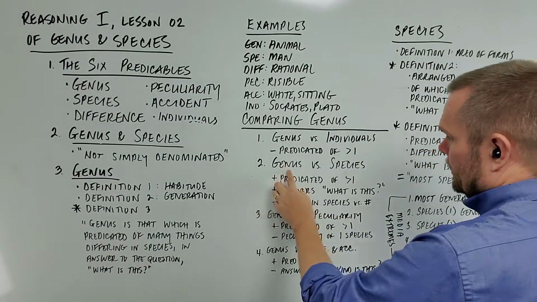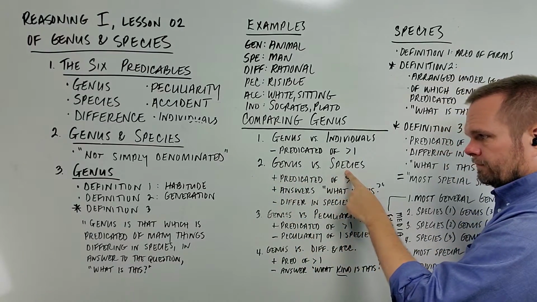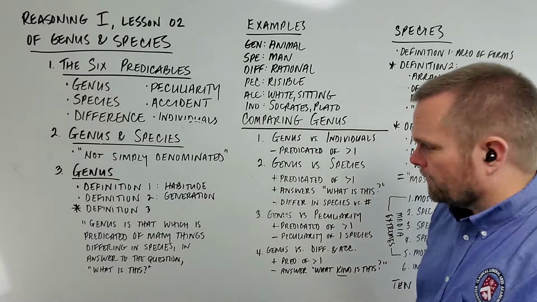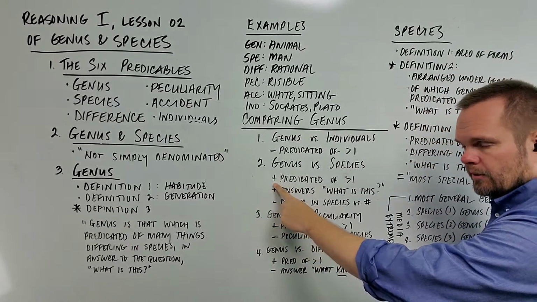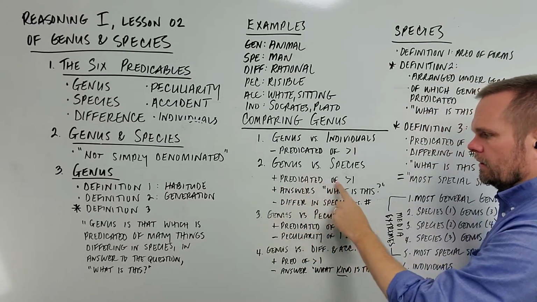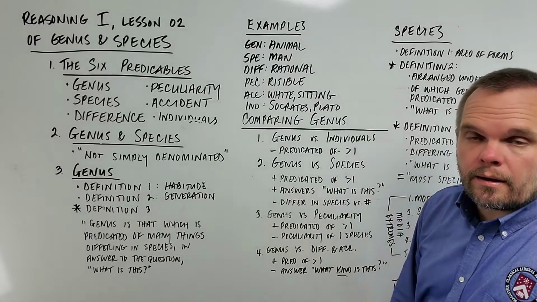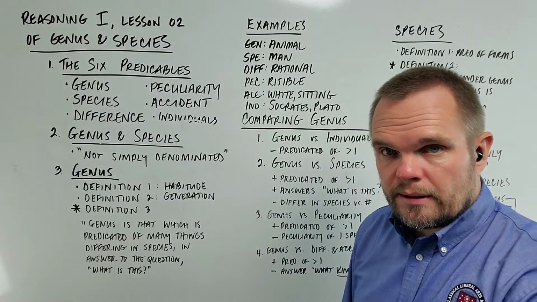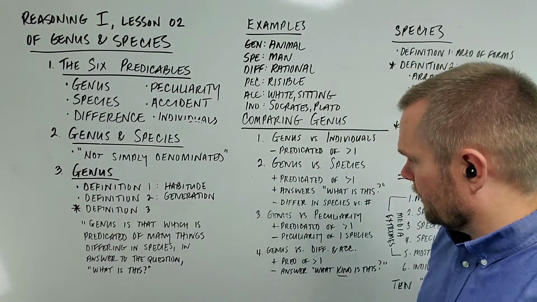Second, genus versus species. Okay? How are genus and species alike? The first, plus. They are both predicated of more than one thing. They're both predicated of many things. Okay? Genus and species are both predicated of many things.